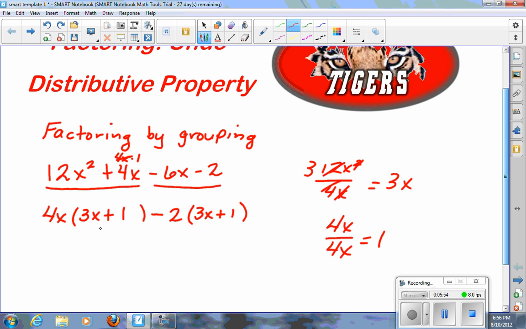Okay, so that was the first time I'm going to group. Now, look at this term and see if they have anything in common. And you can usually see that this part right here will be in common. And you can take that out of each of these. So I'm going to take out a 3x plus 1 because that's in common to both of these, and I will write down what's left, which is a 4x and a negative 2.